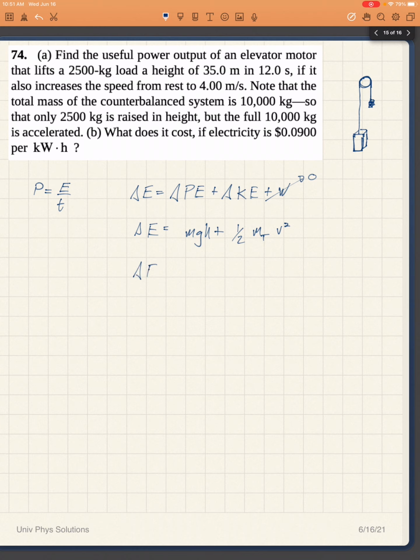The mass in the potential energy term should just be the 2500, because that's the only part that's actually raised.